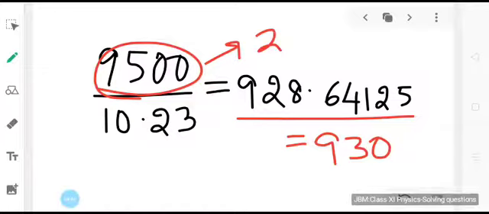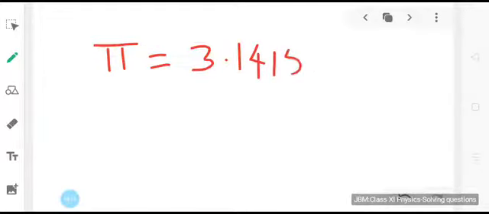In any complex multi-step calculation, we retain in intermediate steps one digit more than the significant digit and round off to proper significant figures at the end of the calculation. Like for example, the value of pi, that is equal to 3.141596, is known to a large number of significant figures.